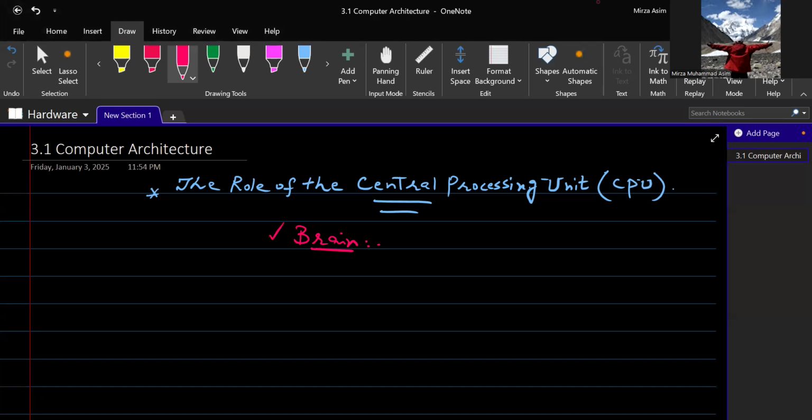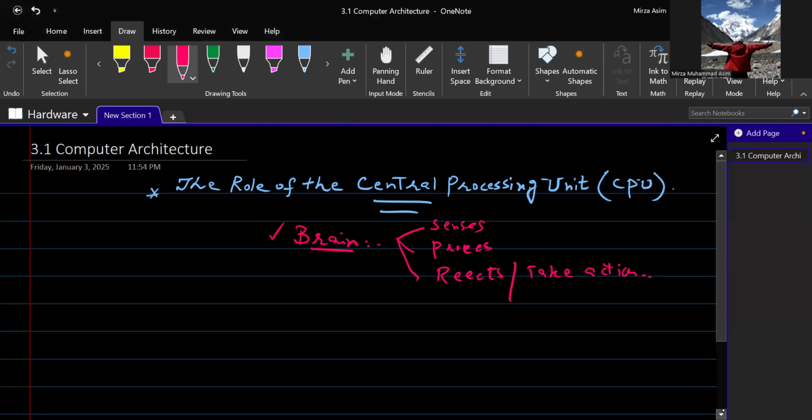Because it is very similar to the human brain: it senses everything, processes the data, and it reacts, or the human takes action, right?